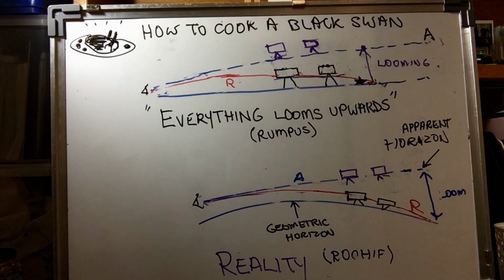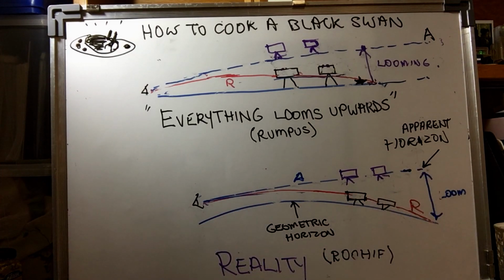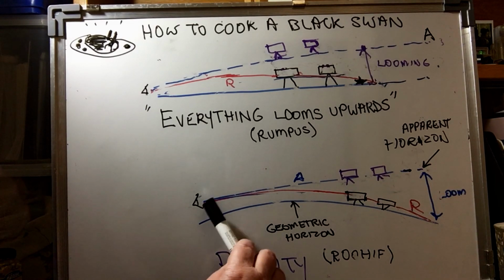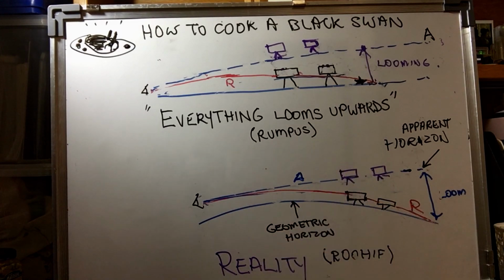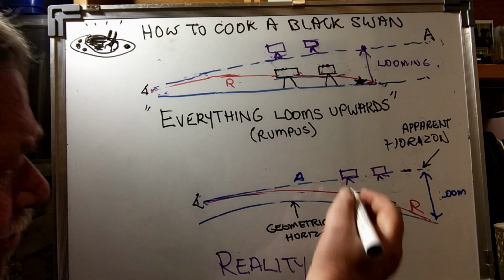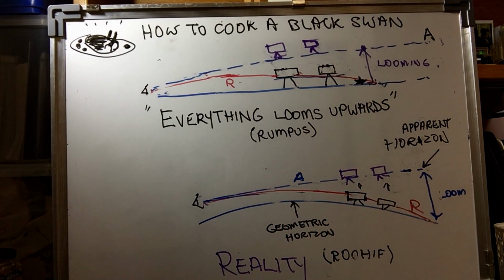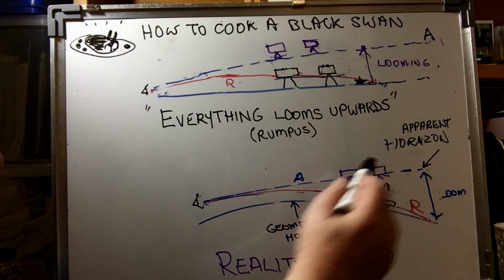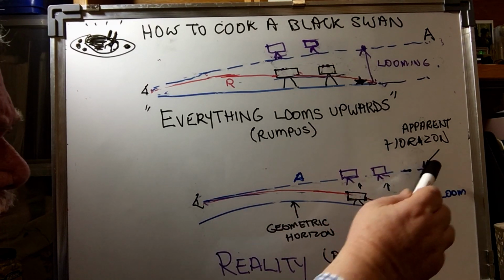So what do they see? They actually see this having loomed. So what does it look like to them? They can see the rigs, of course, because the rigs are loomed as well. The rigs will go up, and they'll see beyond the rigs.